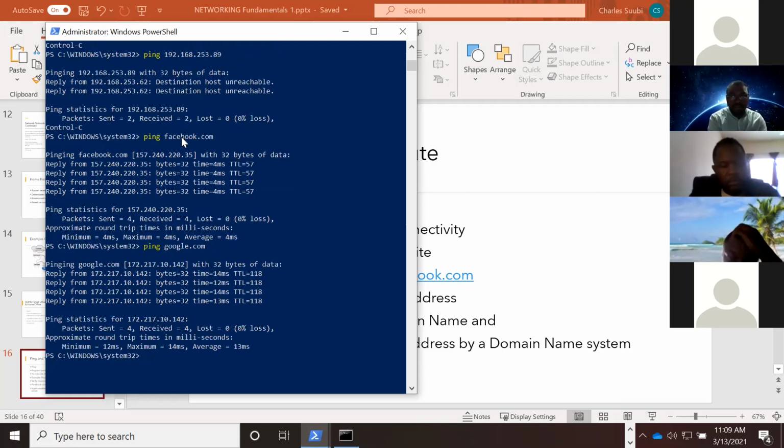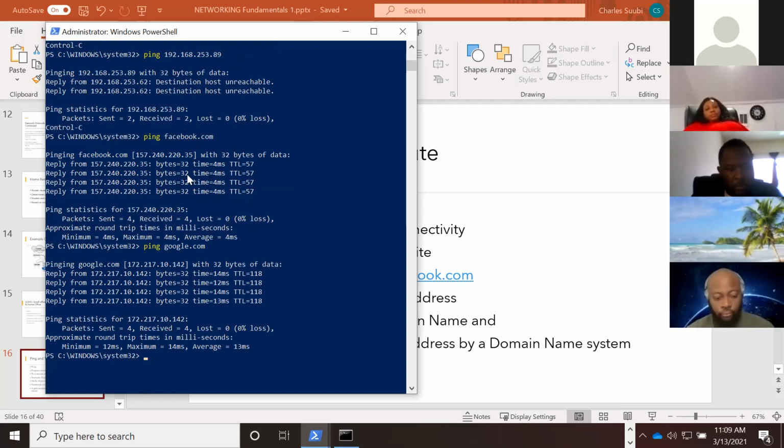So Facebook could have a data center on the East Coast. They could have a data center on the West Coast. They could have a data center maybe down in Texas. So that when people are trying to query their servers for information, they go to the servers that are closest to them.